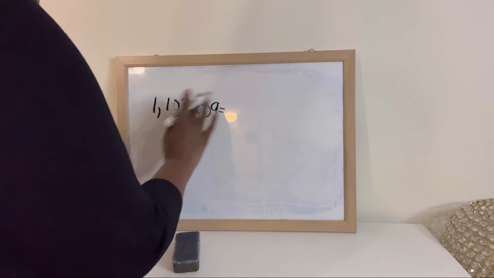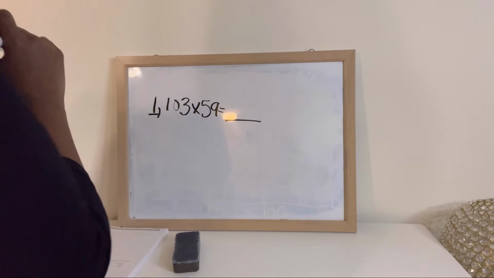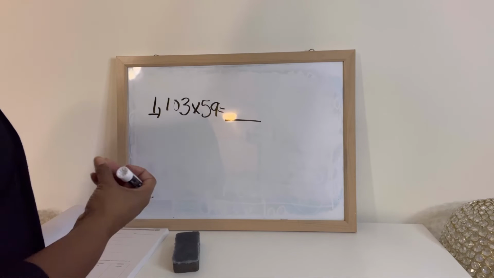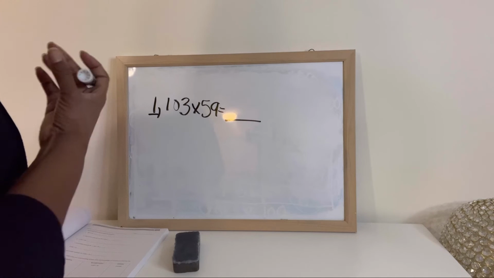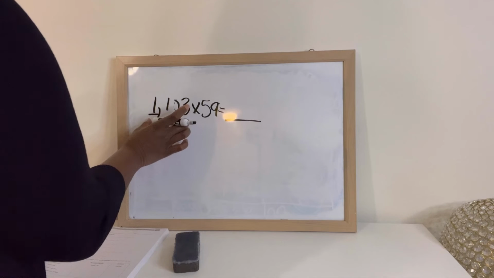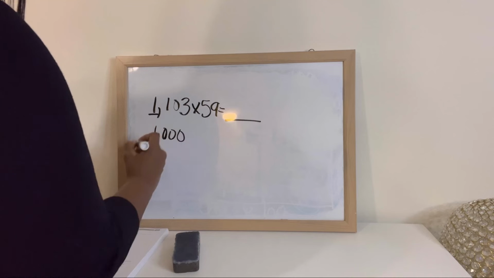We're always looking at our first number. Our first number here is in the thousands place. So you're looking to see what two thousands this number would be between. It's between 1,000 and 2,000.